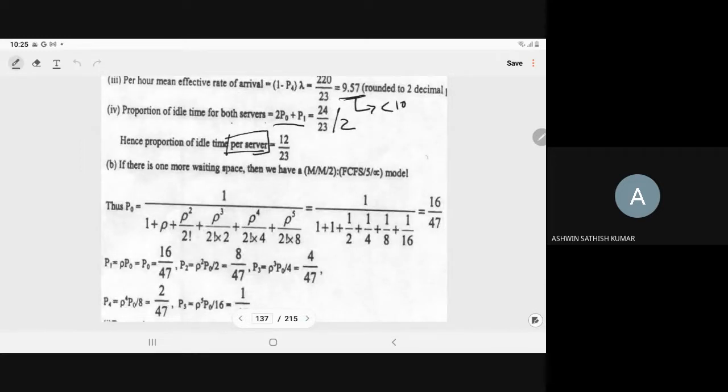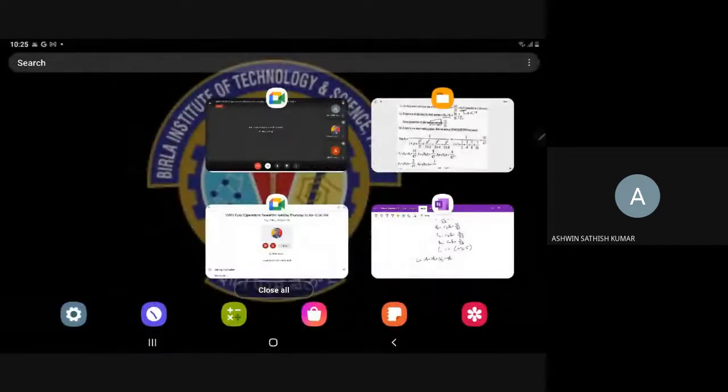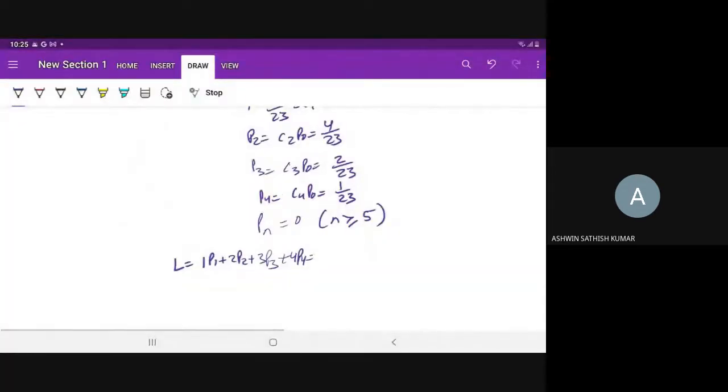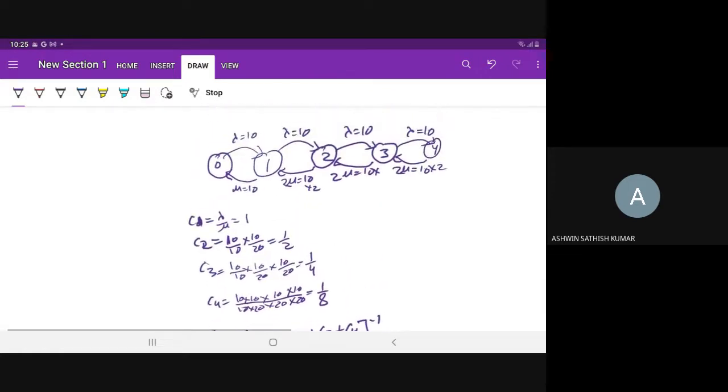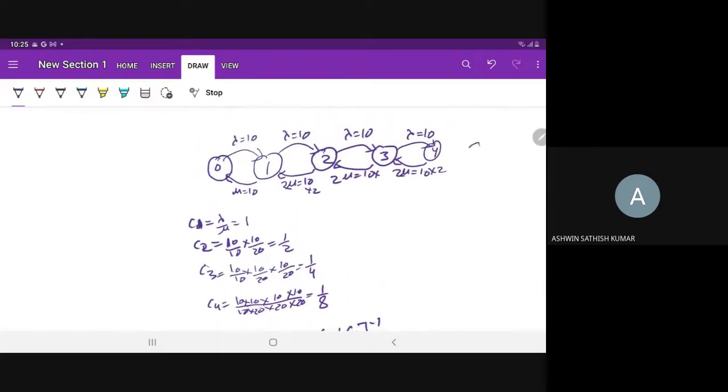Here again you have to go with the birth and death process. When we go for the birth and death process, we have to make one more node for state 5, and here lambda is equal to 10 and mu is equal to 20. In that case C5 will come 1 by 16.